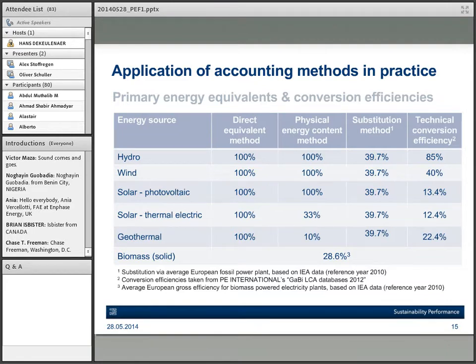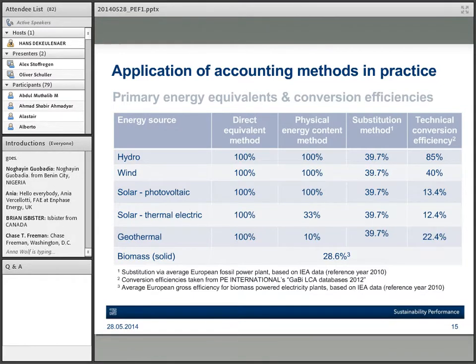For wind, it's very similar to hydro, and it becomes very interesting then, for instance, for solar thermal electric, where you see that there are very different conversion efficiencies or primary energy equivalents according to the different methods, and then for geothermal it gets even more diverse. If I compare the direct equivalent method and physical energy content, you see already that there's a factor of 10.